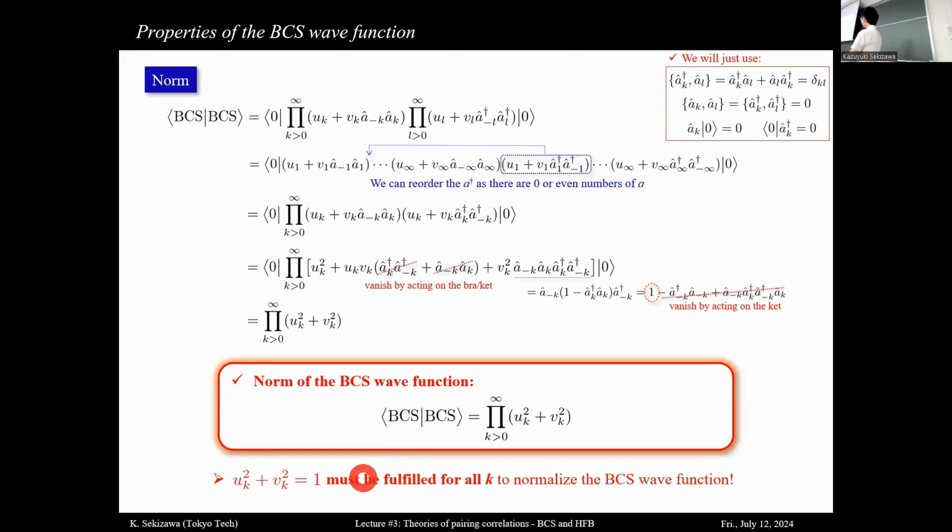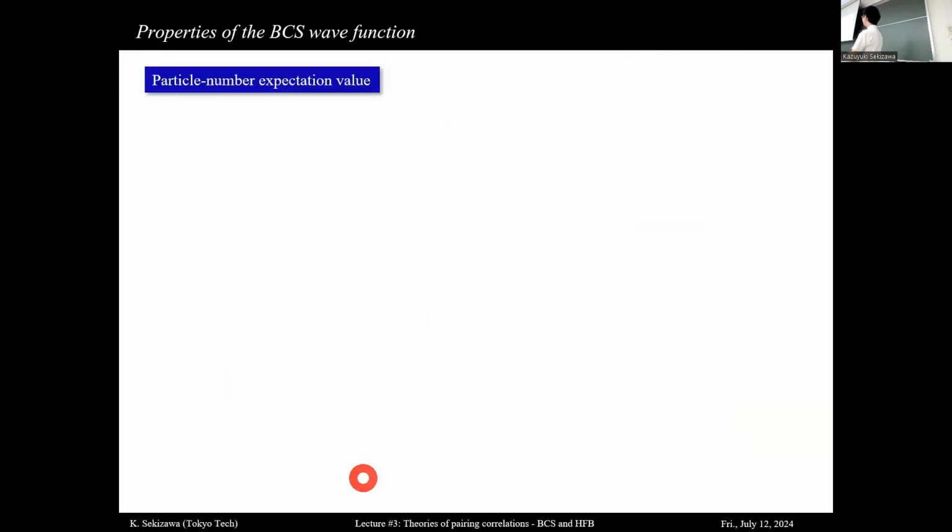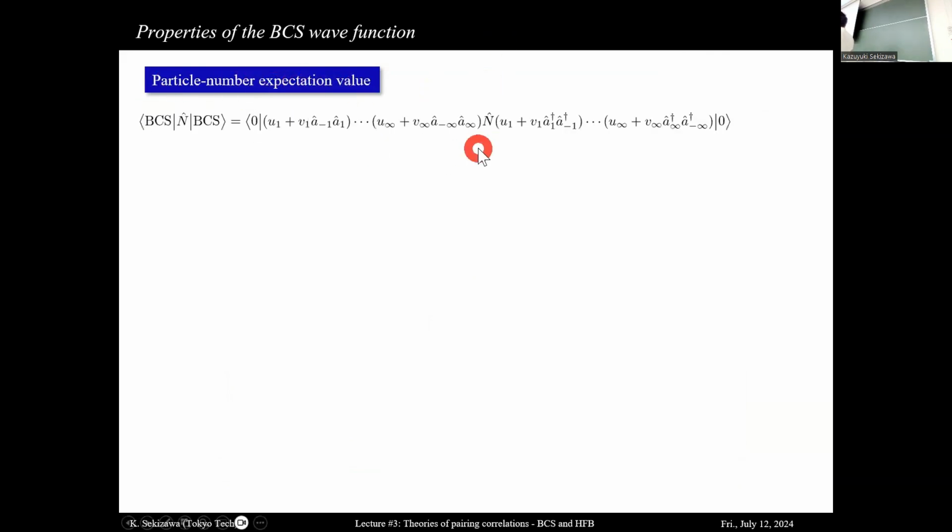So now, this is the norm. Now let us calculate the particle number expectation value. Since the BCS wave function contains the product of A dagger, it actually contains various particle number states: even particle number states, 0, 2, 4, 6, and so on.